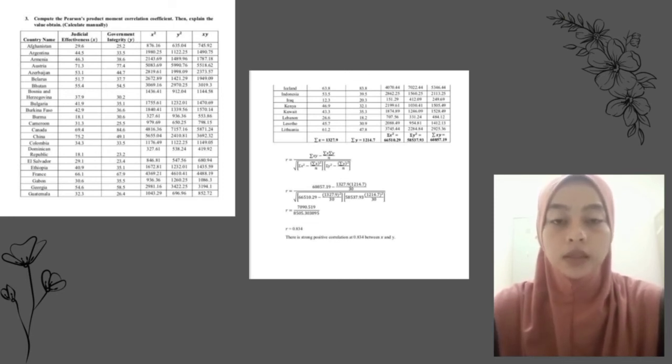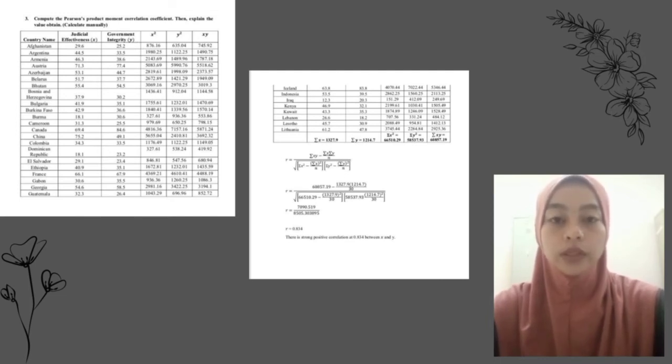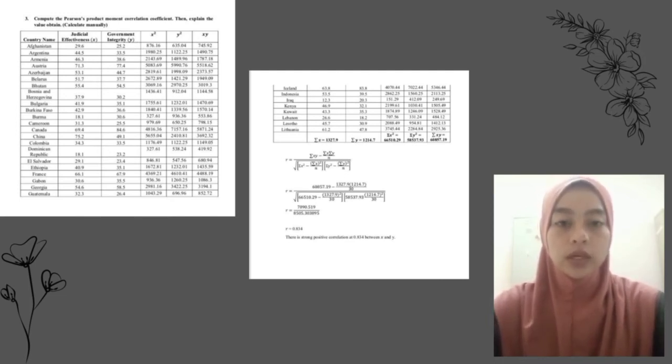The number of countries in this table is 30. Meanwhile, the total of government integrity for all of the countries, sigma Y, is 1214.7. For the conclusion, there is a strong positive correlation of 0.834 between X and Y.